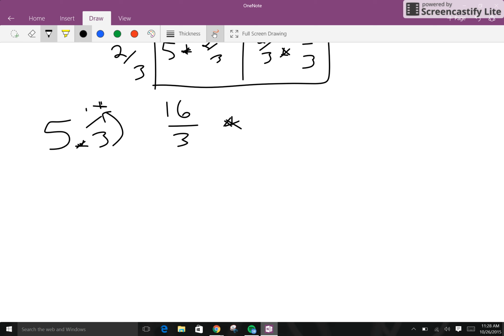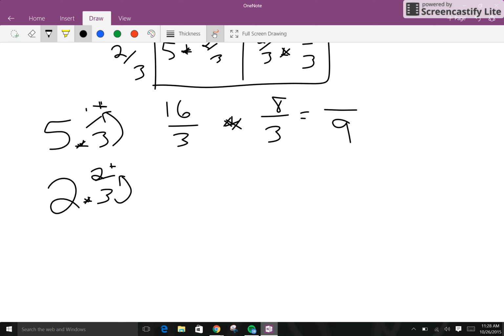That gets multiplied by 2 and 2/3, where 2 times 3 is 6, plus 2 is 8, so we get 8 thirds. We multiply that out: 16 times 8 and 3 times 3.